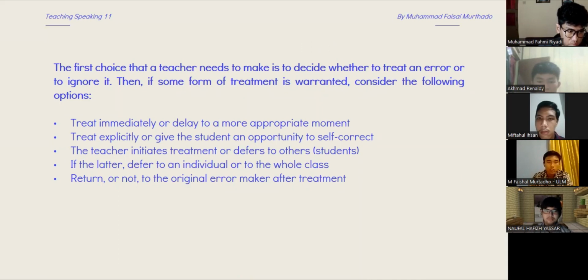The teacher initiates treatment or defers to another student, asking that student to correct the one who made the error, and that student in turn defers to an individual or to the whole class instead. Next, if that's not going well, return or not to the original error after treatment. Next slide.